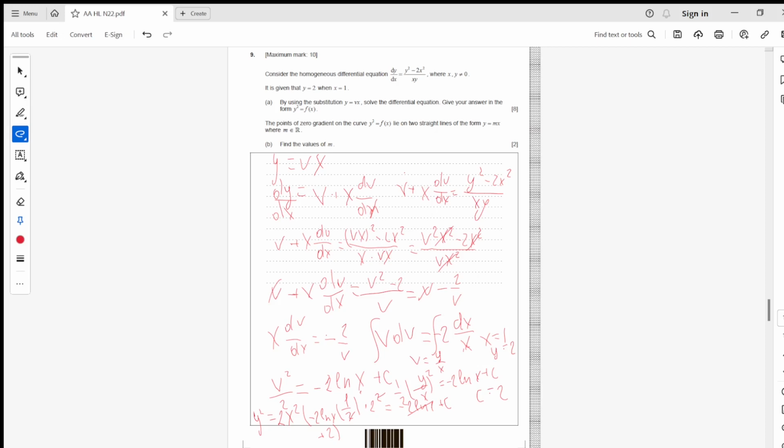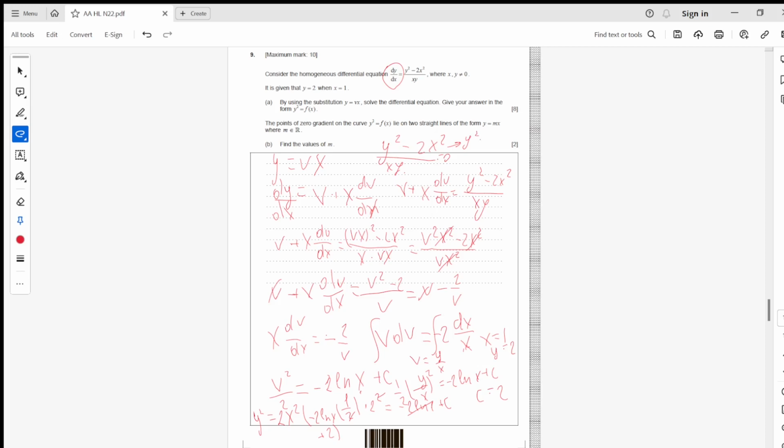The second question is much easier. We just need to calculate when the derivative is equal to 0. When it happens, it is y squared minus 2x squared divided by xy, which is our equation for the derivative, is equal to 0.